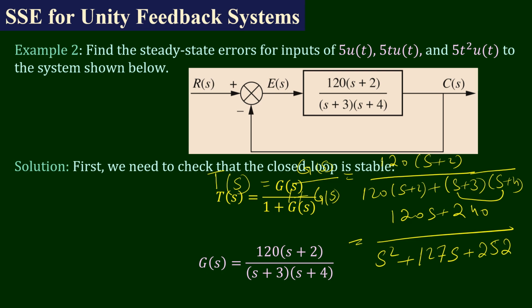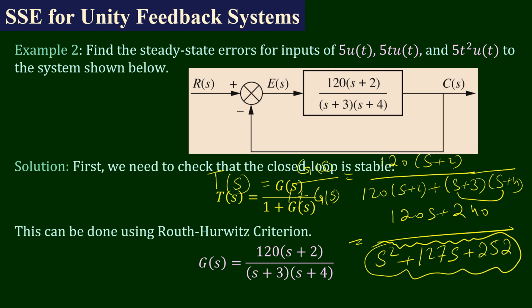First we should see whether this is a stable transfer function or not, and you can use the Routh-Hurwitz criterion to find out the stability of the system. You know it anyway, so we can write the array like this. Here it will be 1, 252, and here we will have 127, here it is 0.